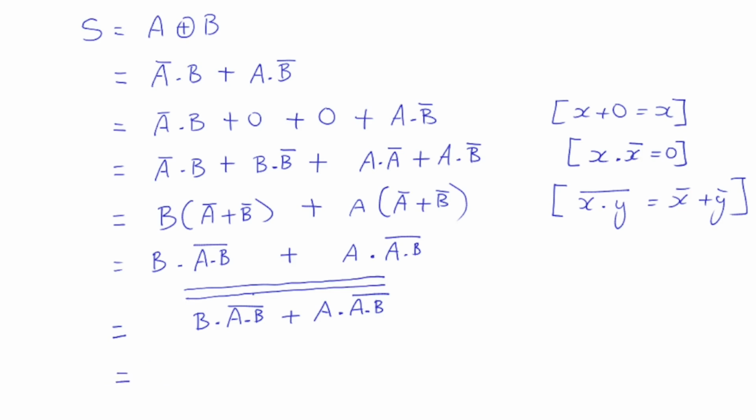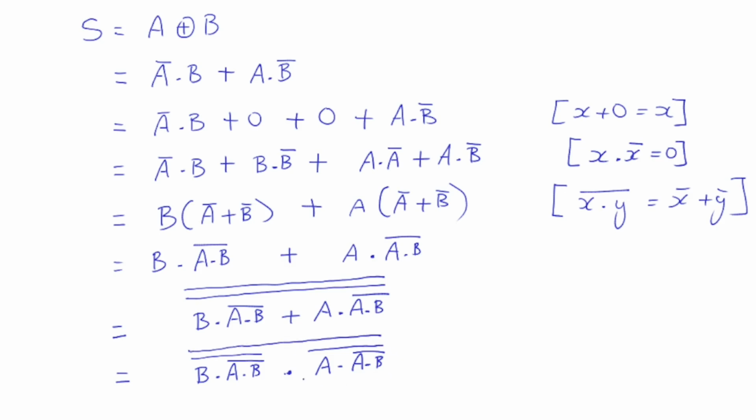And now if I resolve the lower bar over here, that is, I am applying De Morgan's theorem on the lower bar, which means that this bar will be broken and this plus will become dot. That is, we'll get (B dot (A dot B) whole complement) dot (A dot (A dot B) complement) whole complement, and then the upper complement will remain the same.